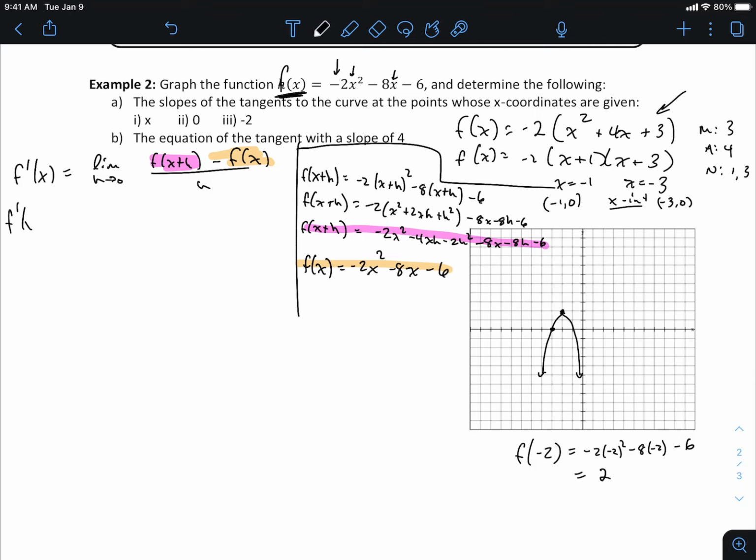So we get f prime of x, the limit as h approaches 0, of, and here comes this huge long thing now, right? -2, I'm going to try and fit it all here. It's probably not going to fit though.